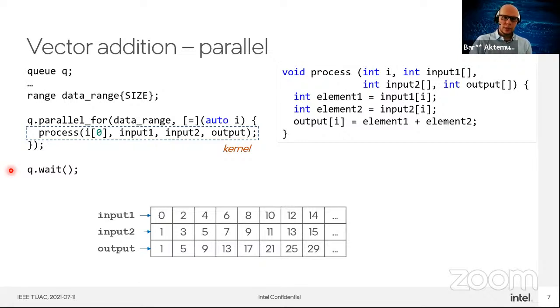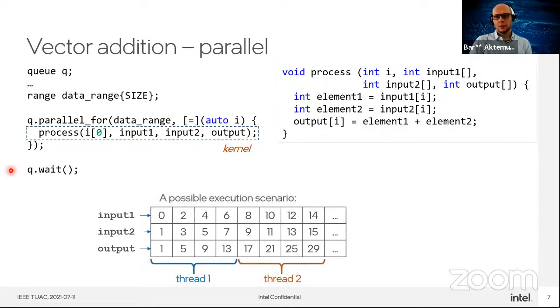There are, of course, various ways the computation can be assigned to threads. Here is one possible execution scenario. The runtime could split the data range into separate chunks, and then each chunk can be assigned to one thread.